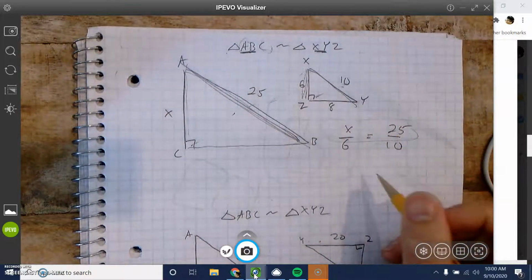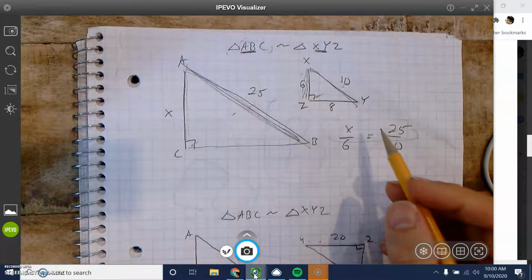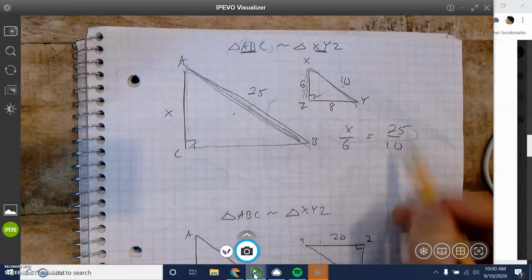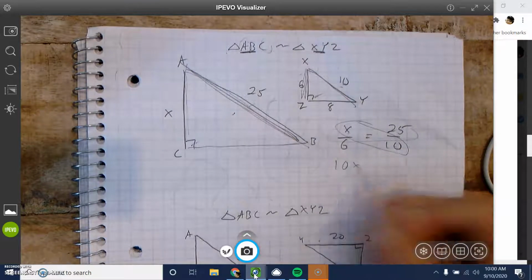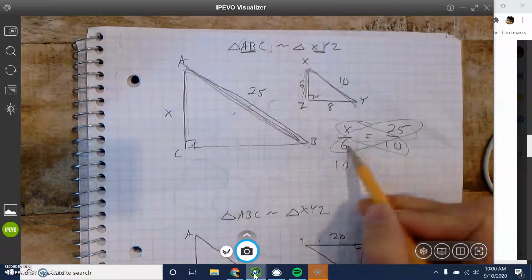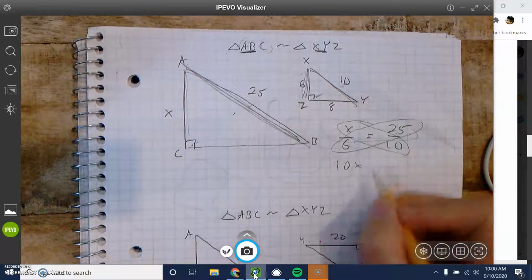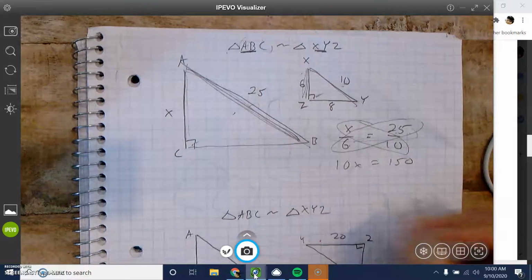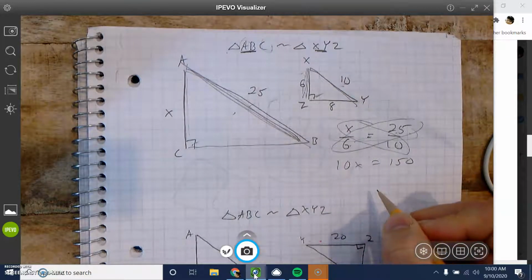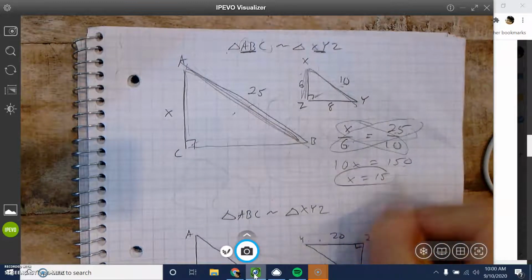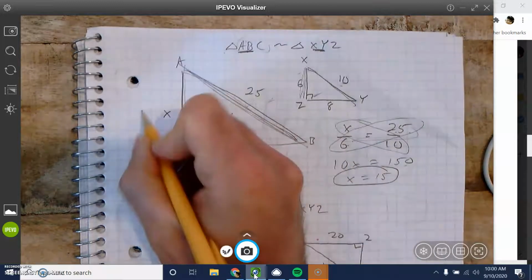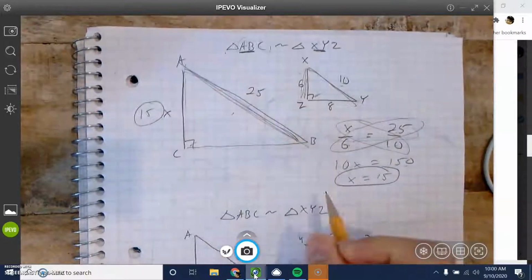There are other ways to do it, but that's the way I like to do it, just to keep it consistent. Now, you can simplify this if you want, or you can cross multiply, it doesn't matter. 10 times x is 10x. And then 6 times 25, 6 quarters is $1.50, in this case 150 cents. 10 times what is 150? That would be 15. And so this is 15 right here. Got it.